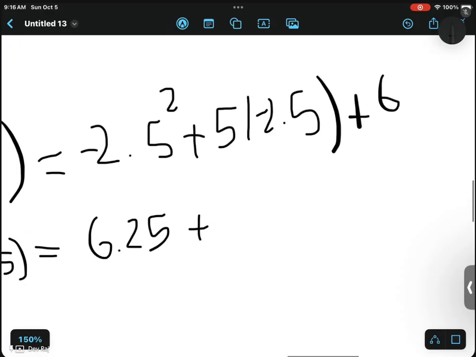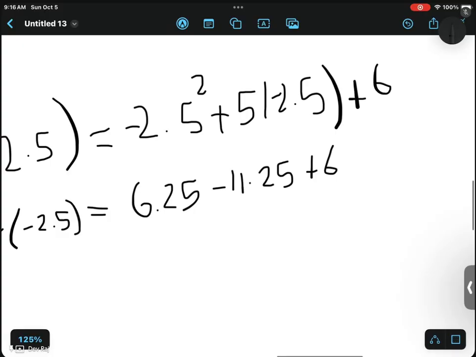Okay, and then we do 5 times negative 2.5, which should give us negative 11.25, and we just drop our 6 down. Are we good so far? Any questions?